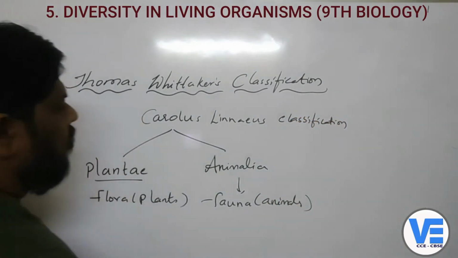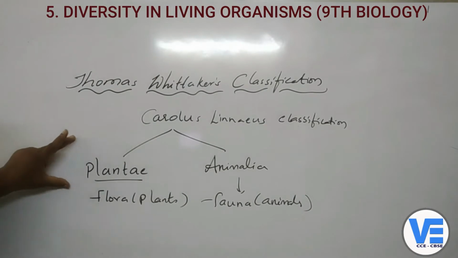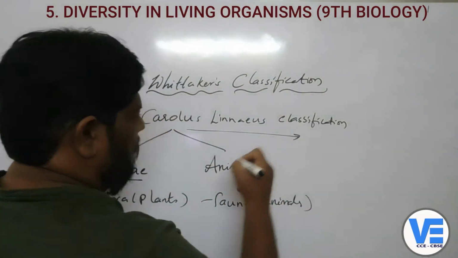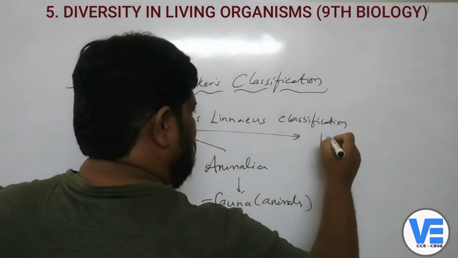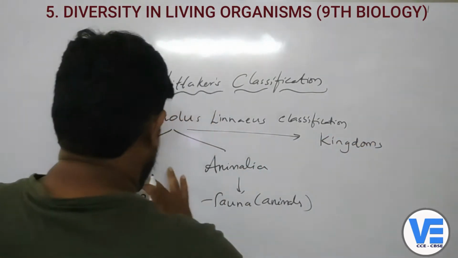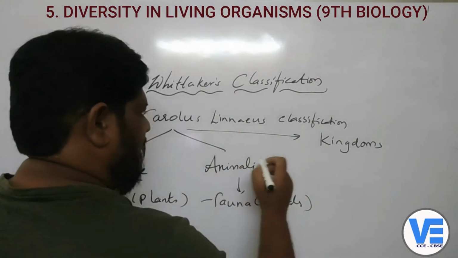So now, not only that, he divided the organisms first into kingdoms. These are the two kingdoms, Plantae and Animalia.